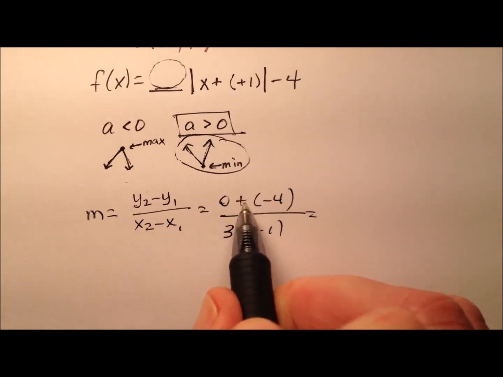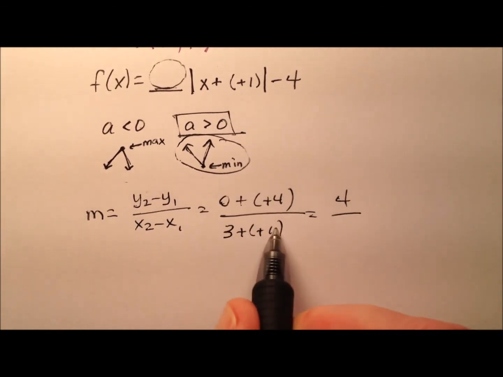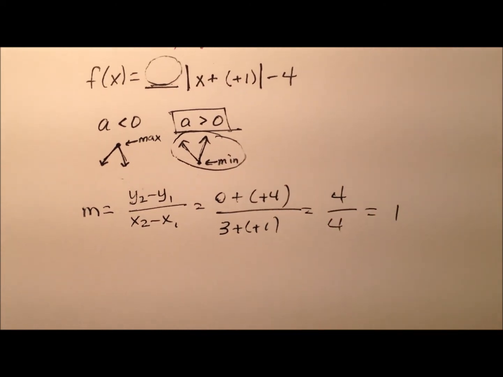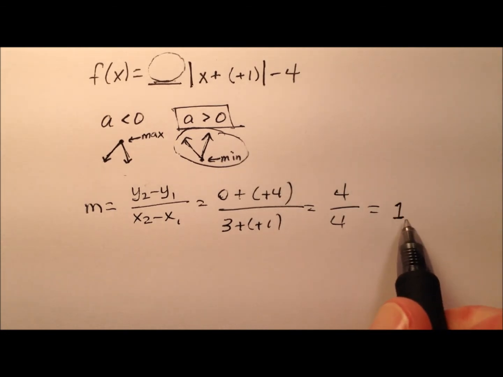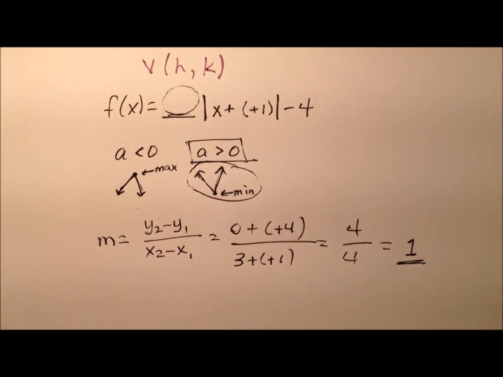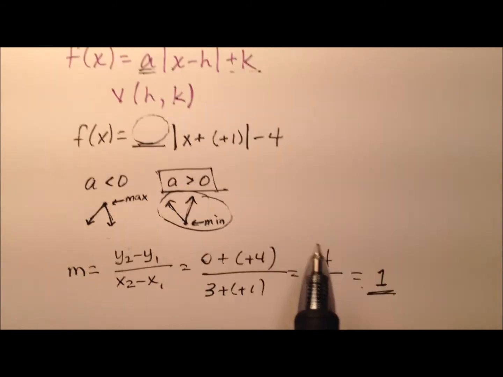So 0 plus 4 is 4, and 3 plus 1 is 4. So our slope is 1, which means that there has been no horizontal compression or stretch, because this slope is 1, which is the same as our parent graph. So we know that a is positive, and we know it's 1.